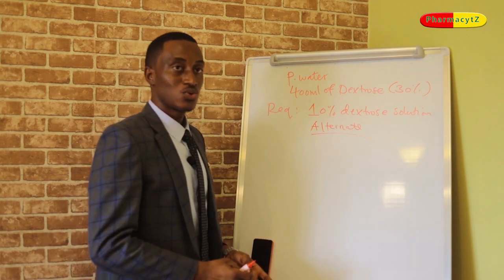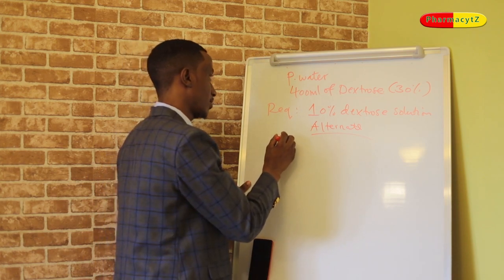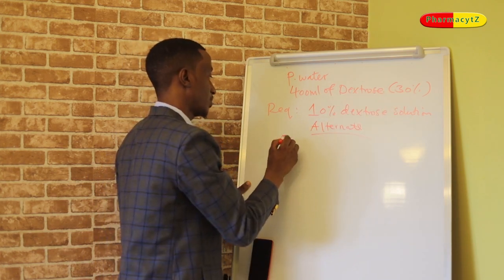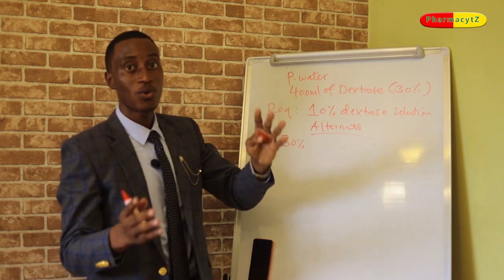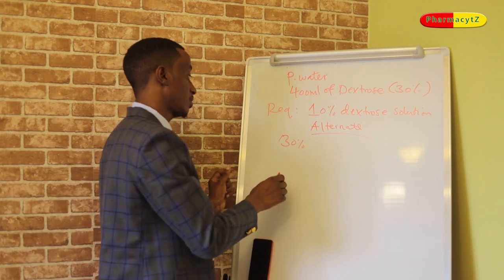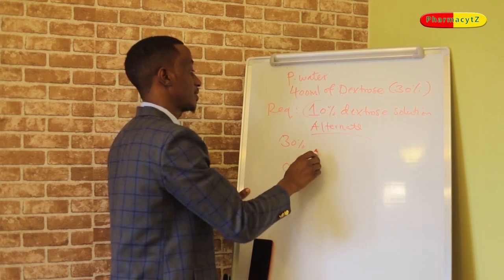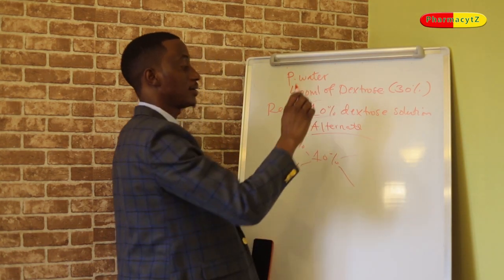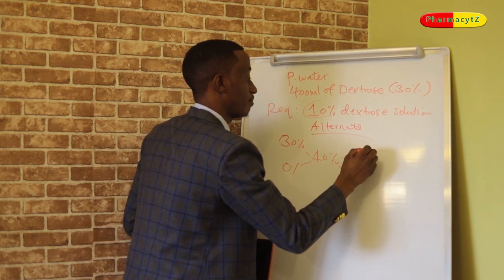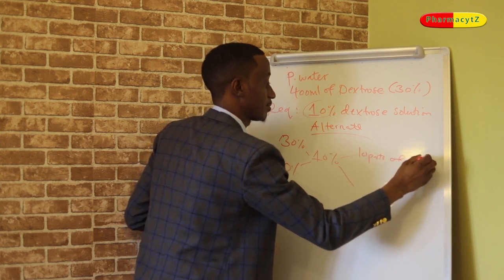If we alternate, we need to have the higher concentration, and this is 30%, which is in stock of dextrose, but also we have water. Pure water has 0% concentration, and the required amount here is 10% dextrose. Upon alternating, this is 10 parts of 30%.